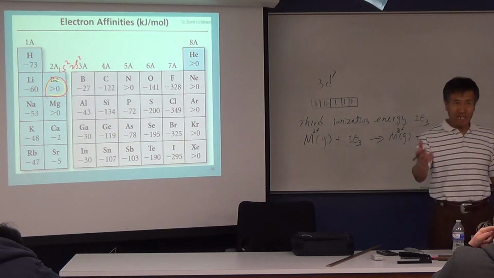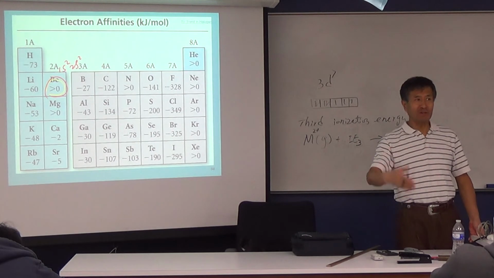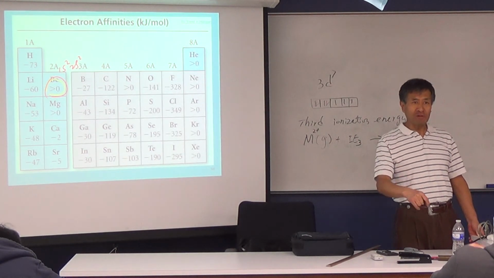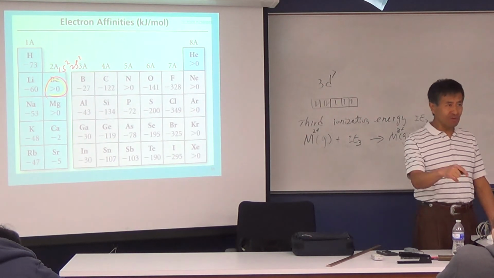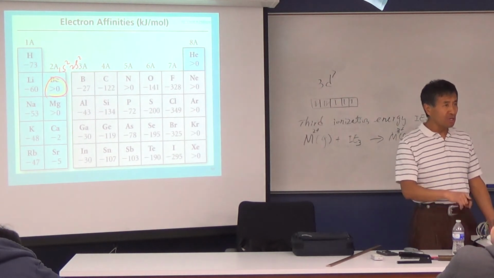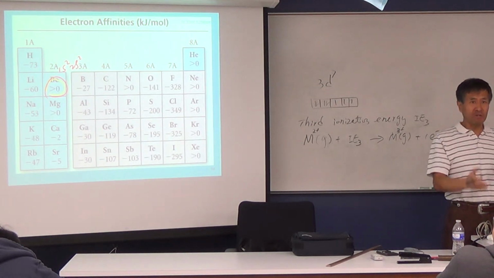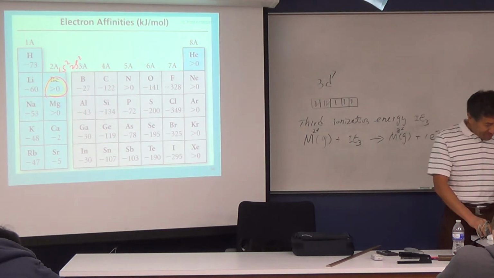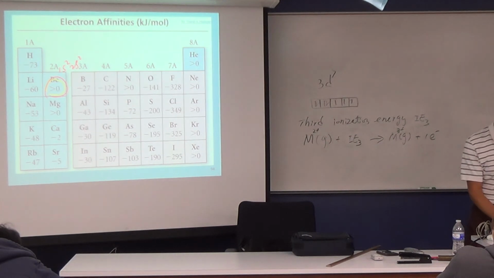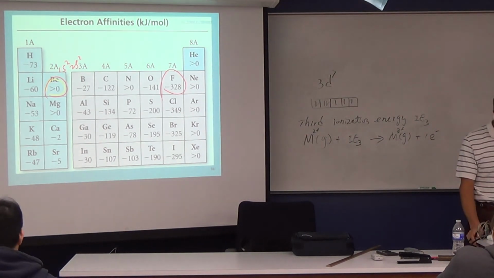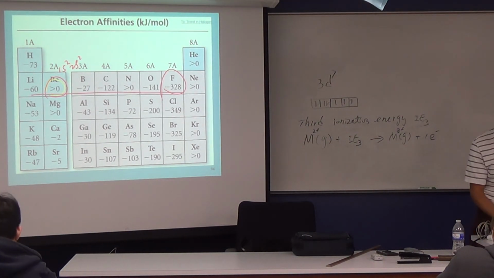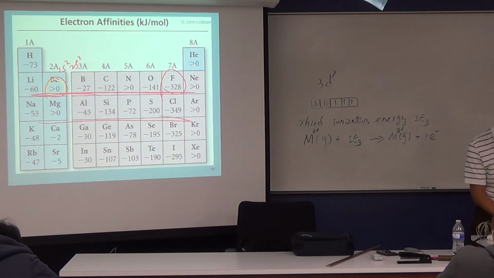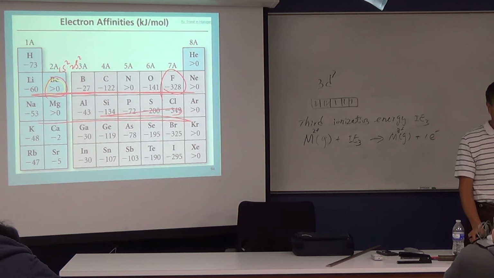Even though the free electron has more energy, it depends on where you put it. If you capture that electron in a good orbital, your total energy becomes less. You can see this is true: fluorine in this same row is the most negative one, and chlorine is the most negative in that one.